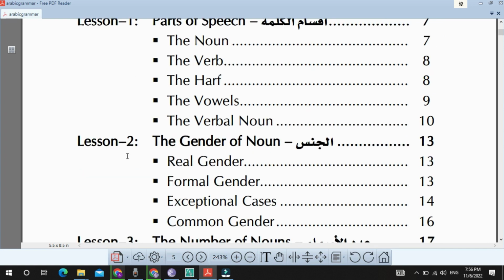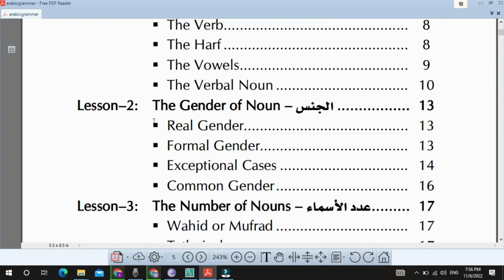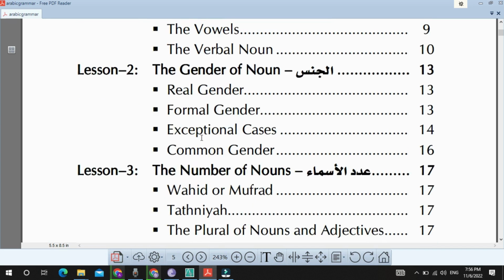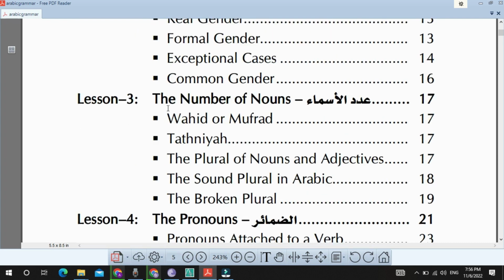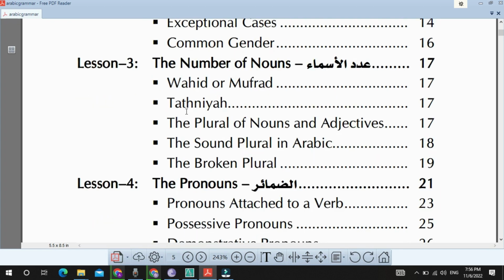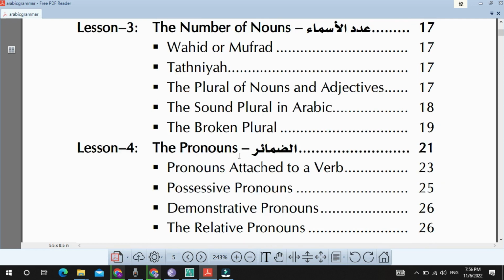And then the second lesson is the gender of noun: real gender, formal gender, exceptional cases, common gender. In the third lesson is the number of nouns: wahid or mufrad, thaniya, the plural of nouns and adjectives, the sound plural in Arabic, the broken plural in Arabic.